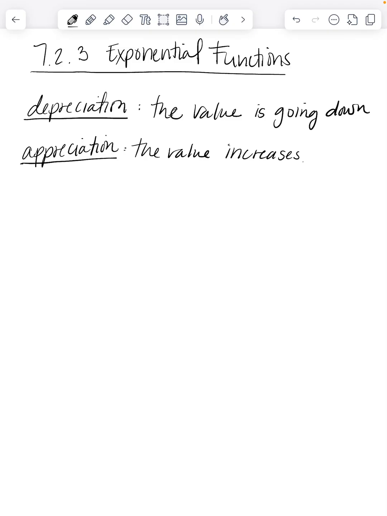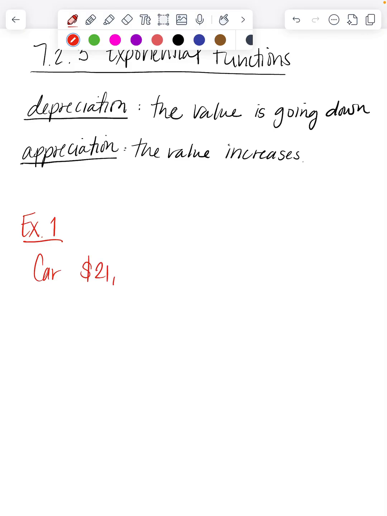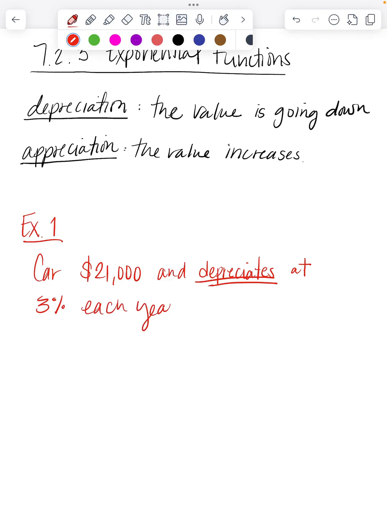So let me give you an example. We're actually going to do two examples. Example one. Let's say I have a car that costs $21,000 and depreciates at, let's do 3% each year.